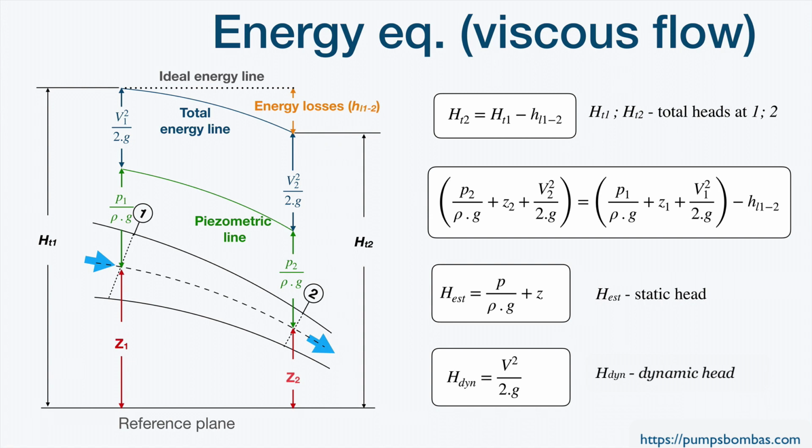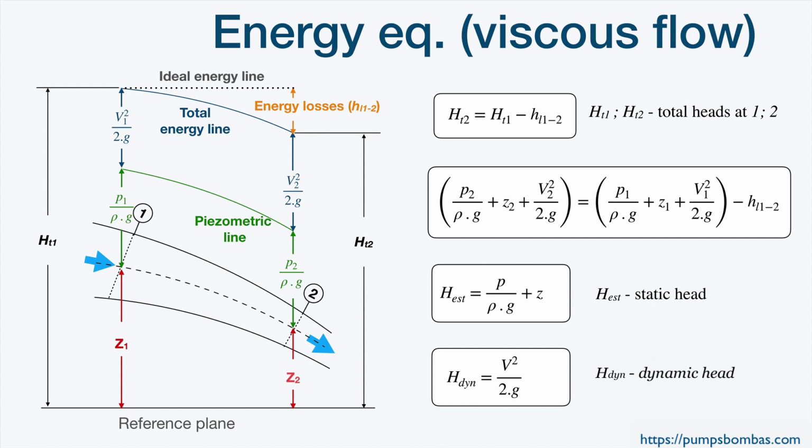Well, we have come to the end of this lesson. Summarizing what we have done in this lesson, we took as the starting point Bernoulli's equation. We have added another term to this equation, considering the energy losses, the pressure losses due to friction.